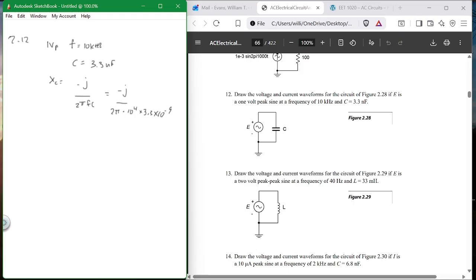You don't need complex mode for this. 1 divided by parenthesis 2 times pi times 10 to the 4th times 3.3.